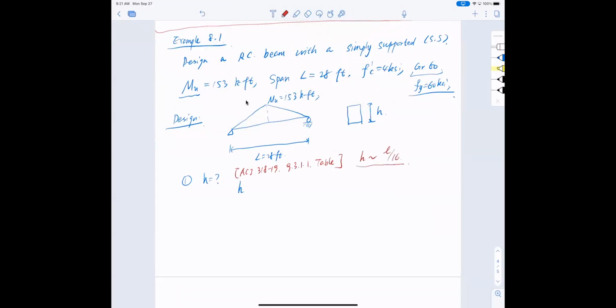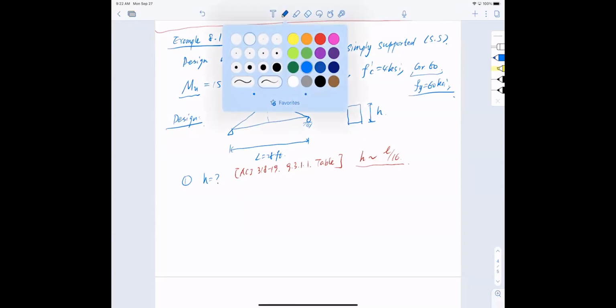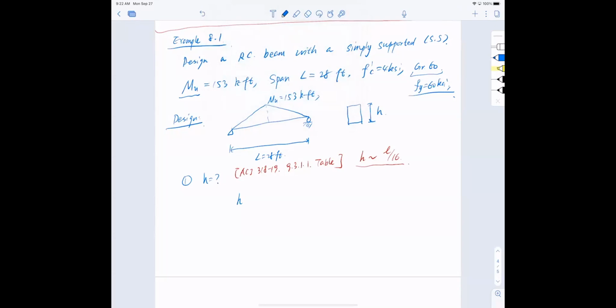For the sake of safety, let's put a range on it. I say H had better be picked within a range of L over 12 and L over 18.